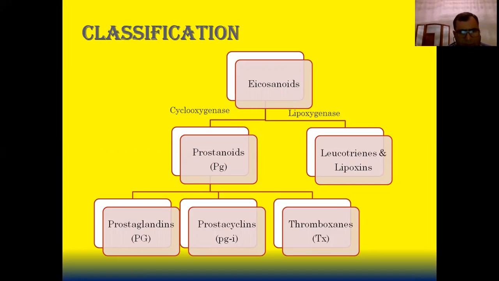Prostanoids are further divided into prostaglandins, prostacyclin (PGI), and thromboxane, and they have their own physiological effects, which will be explained later.